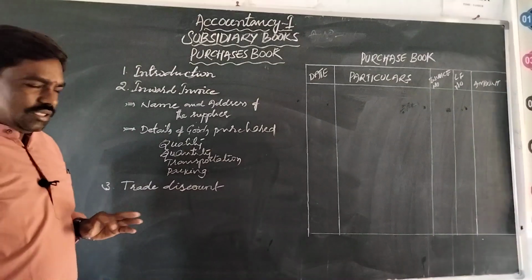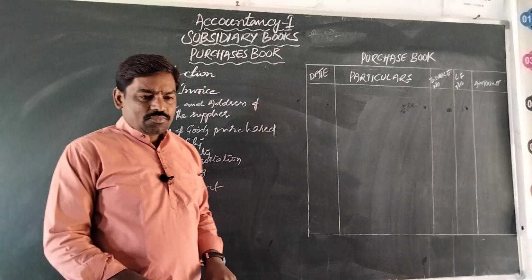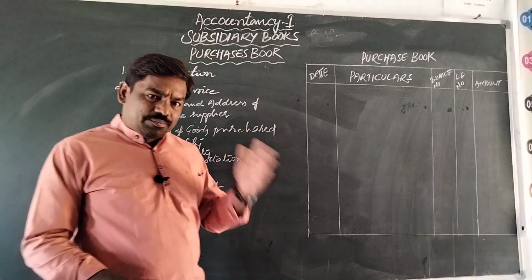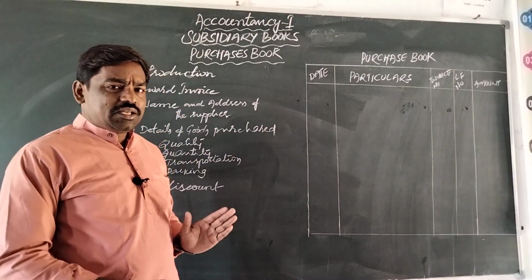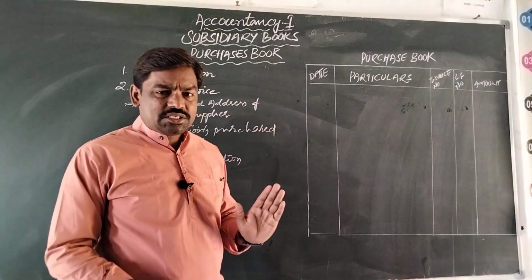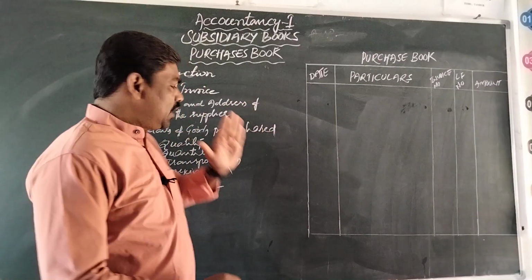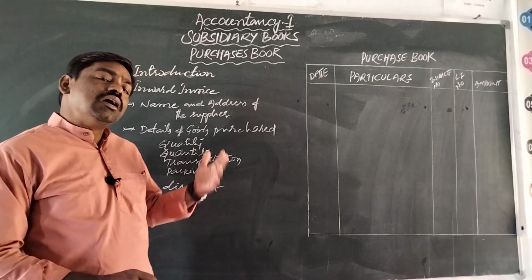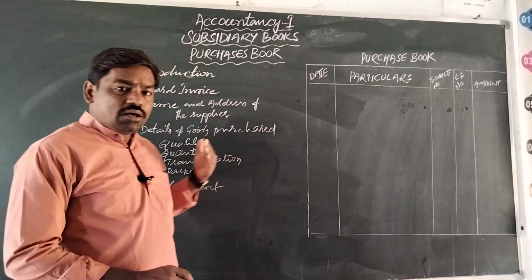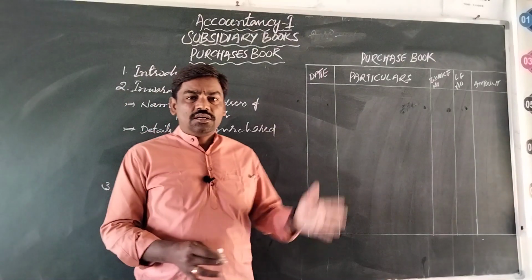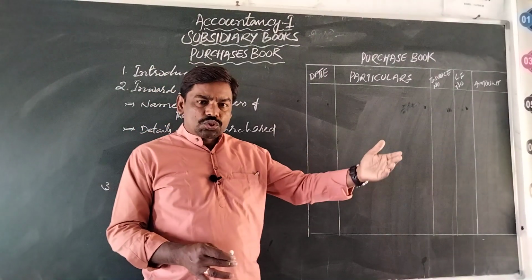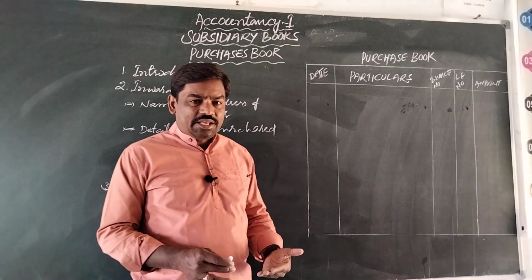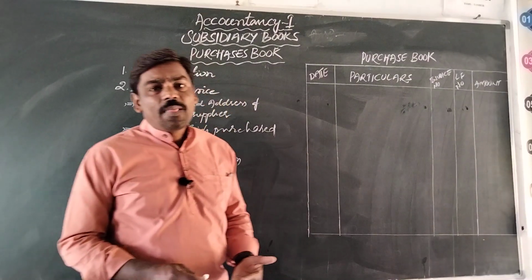The inward invoice is a document prepared by the supplier giving the details about the goods that we purchased, the quantity, quality, total amount, and transportation and packaging details. Everything will be given in the inward invoice. This document is sent along with the goods by the supplier to us, and it is used as evidence to record the transaction in the purchase book.